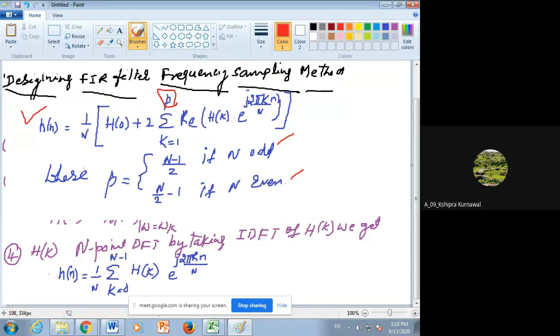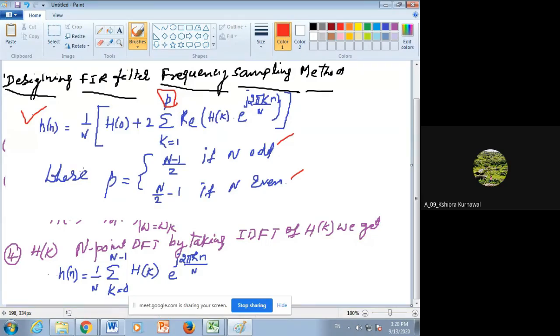Thus H of k is the N-point DFT. By taking IDFT of H of k, we get h of n equals 1 upon N summation k equals 0 to N minus 1 H of k into e raised to j 2 pi k n upon N.